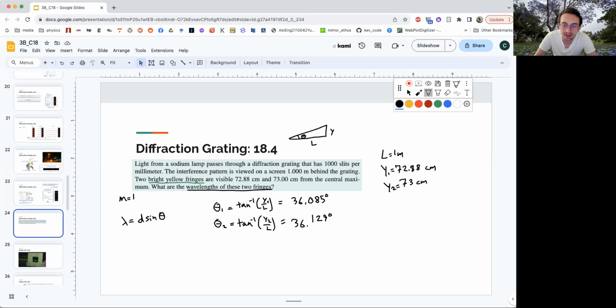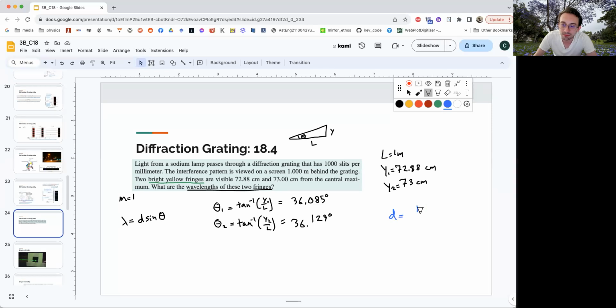And then how do we get that d value? Well, they don't tell us how far apart the openings are, but they do tell us there are 1,000 slits per millimeter. So 1,000 slits per millimeter, how far apart would those slits have to be if they're all equally spaced, which is an assumption we make for all diffraction gratings?